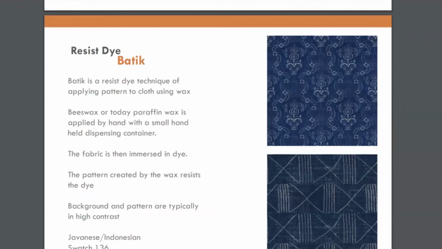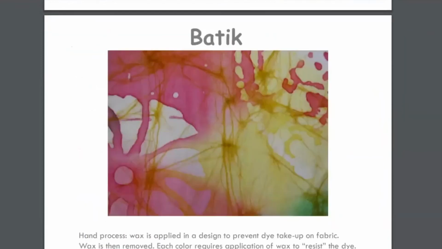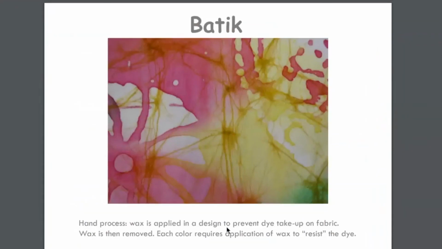The more colors, the more complicated the design becomes. And what becomes more complicated is that as you do multicolors, you have to remove all the wax and then reapply it into areas where you want to do a different color. And that just becomes a lot of work. So, it's not that I didn't like taking these classes.